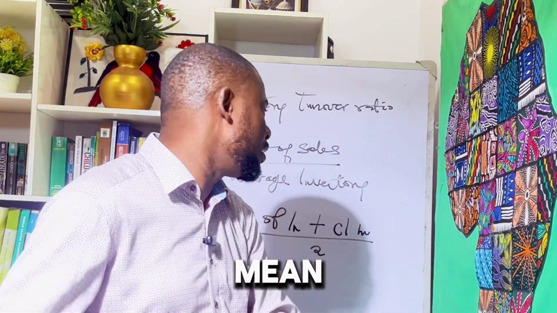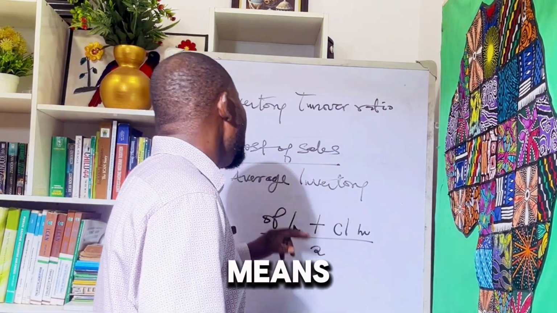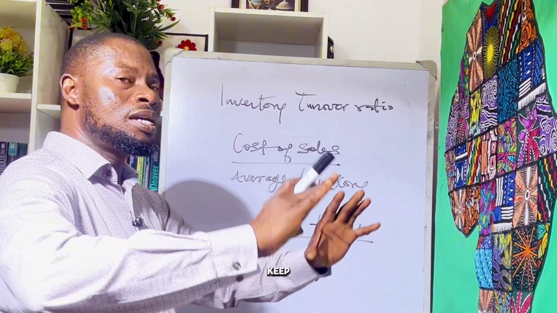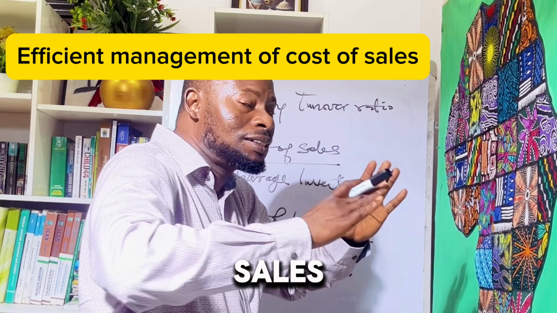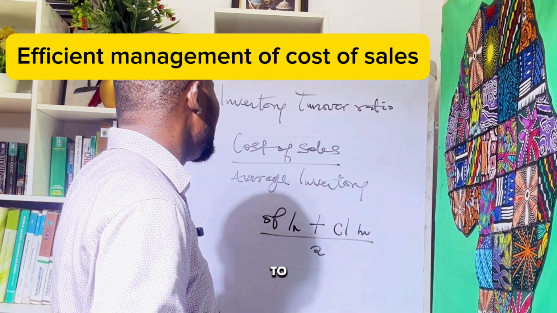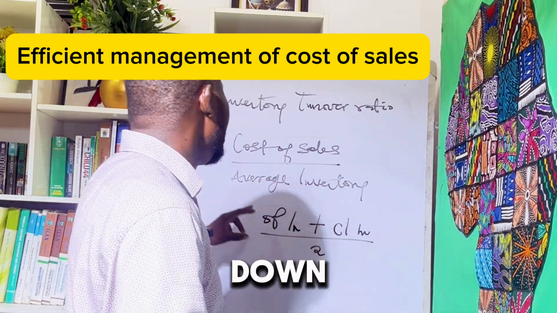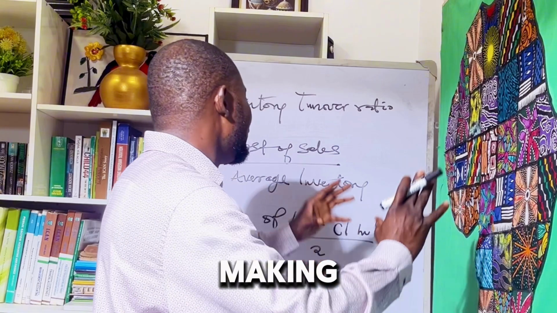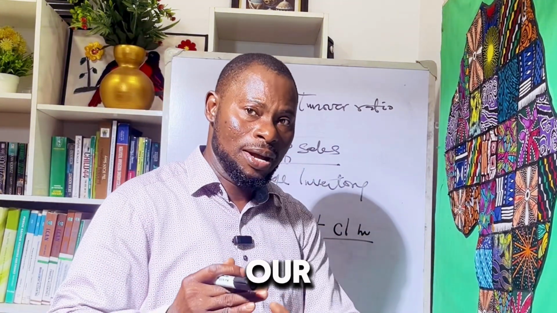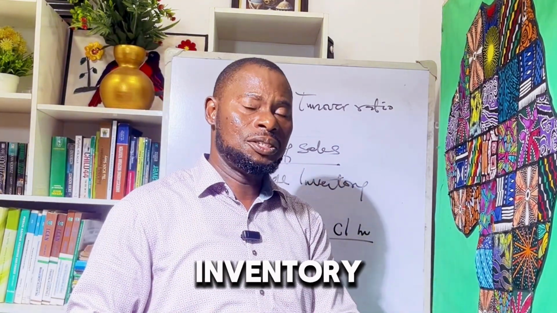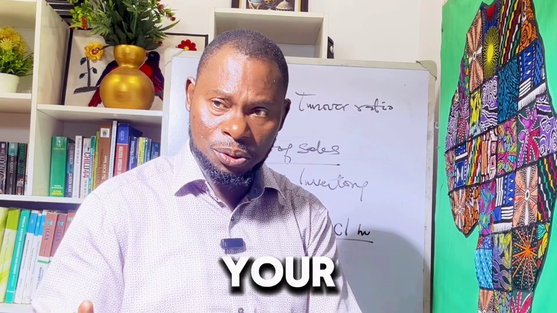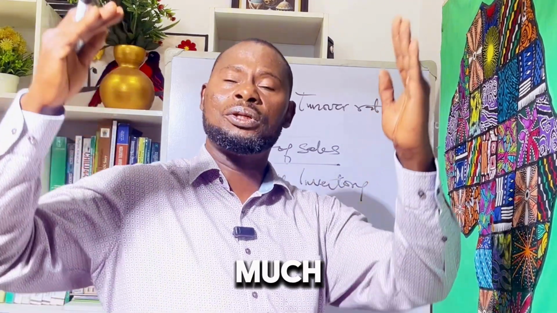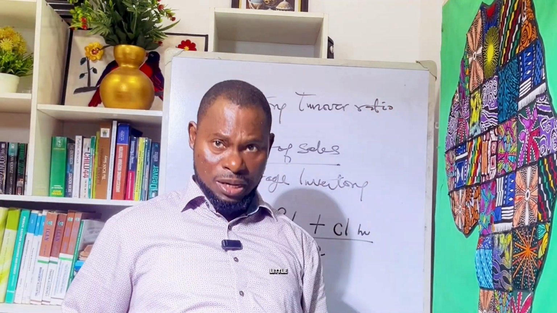What does this mean? It means that we've been able to keep our cost of sales down by making very good control of our inventory. Remember that you have to manage your inventory so that you don't have too much of it and so that you don't have too little of it.